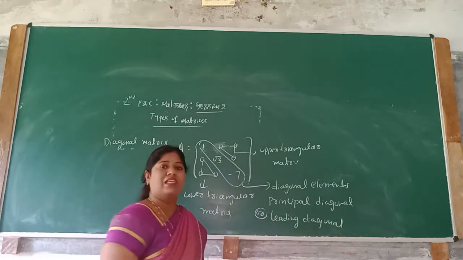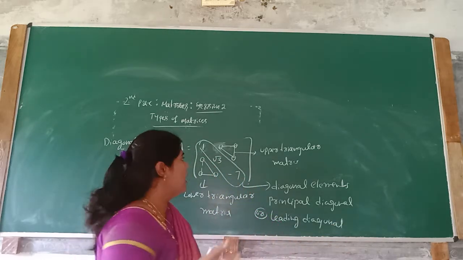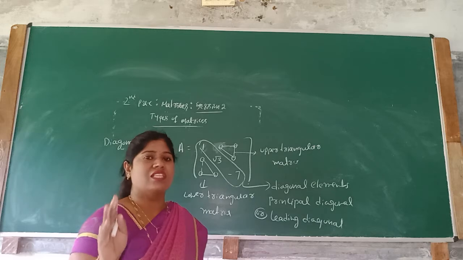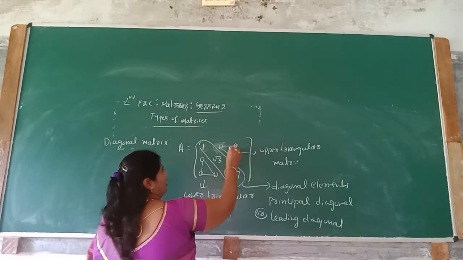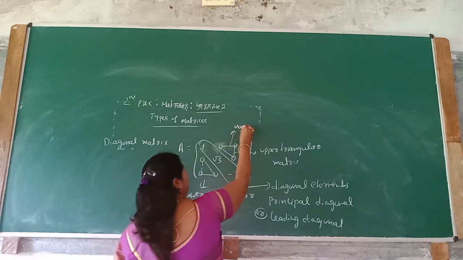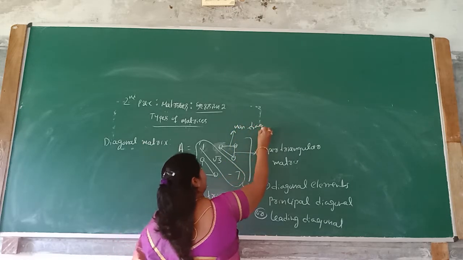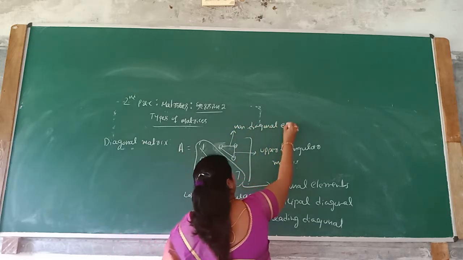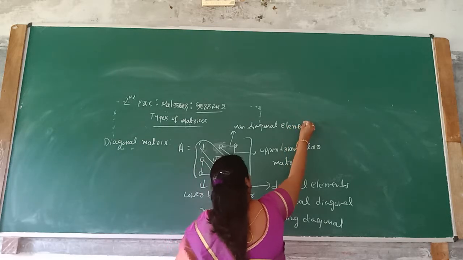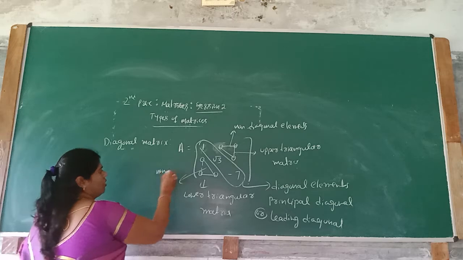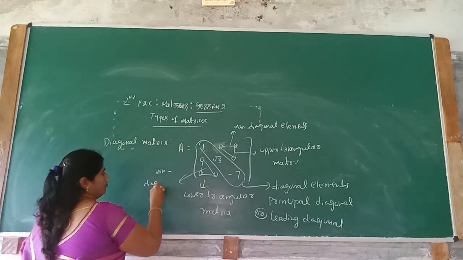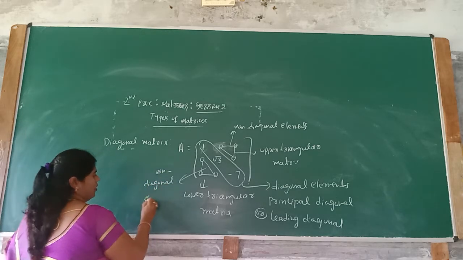A diagonal matrix is a square matrix if all its non-diagonal elements are zeros. So these are the non-diagonal elements, and these are also the non-diagonal elements.